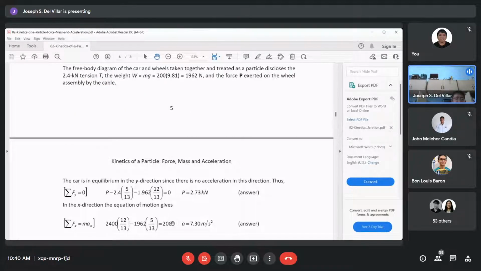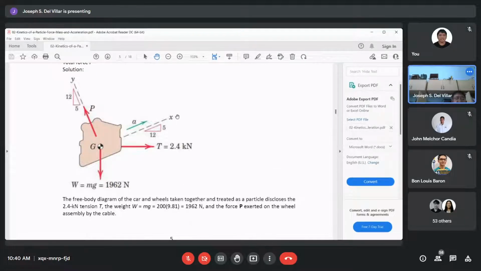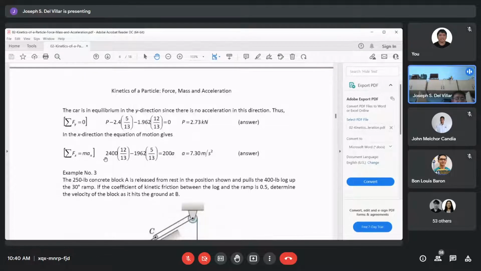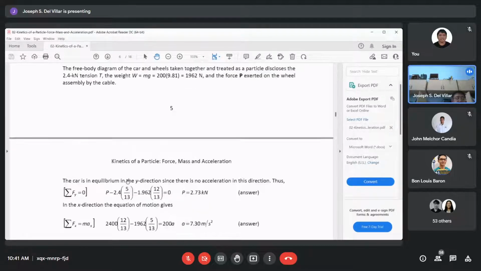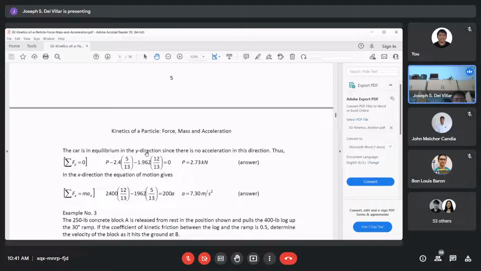Now, in the x direction, this is the x. Okay? So summation of Fx is equal to max. Okay? So what are the forces in x? The 2,400, right? Its x component is the cosine. Or, what's that? Not cosine, but that is 12 over 13.